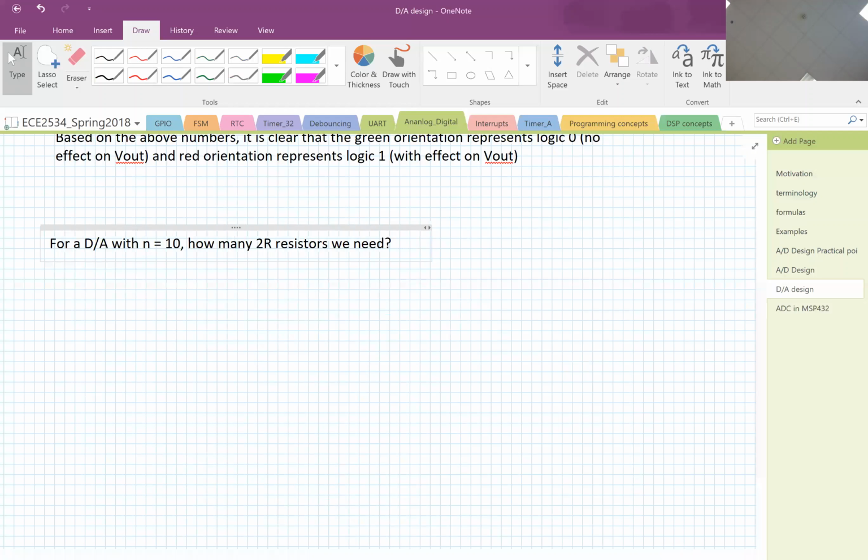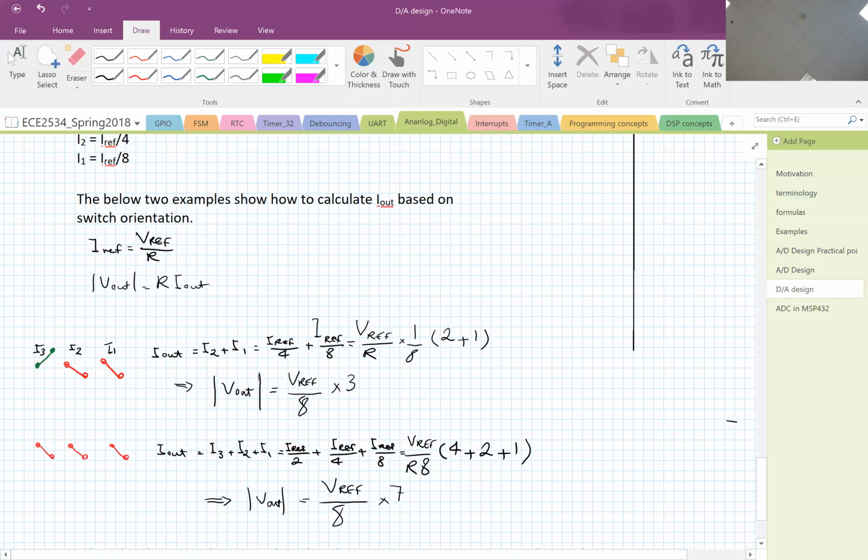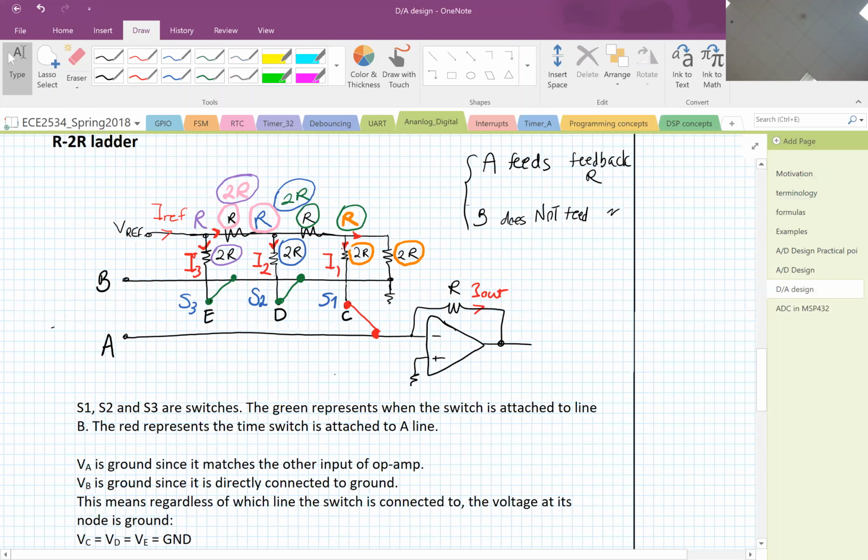And I mean just for the ladder, so we ignore the feedback resistor, because the feedback resistor is special. You can rate it the way you like so that it gives you exactly the voltage you are interested in. So let's forget about that. But how many 2R resistors do you have for an N-bit D2A?